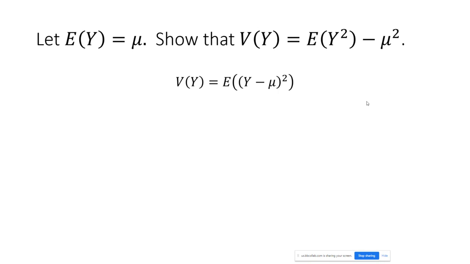So let's start with our definition of variance and just sort of follow our nose using algebra. So let's start by squaring this factor in parentheses. So we can multiply that out using FOIL. So we get the expected value of y squared minus 2y mu plus mu squared.